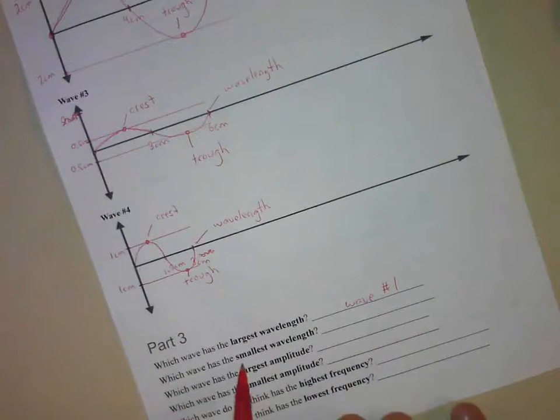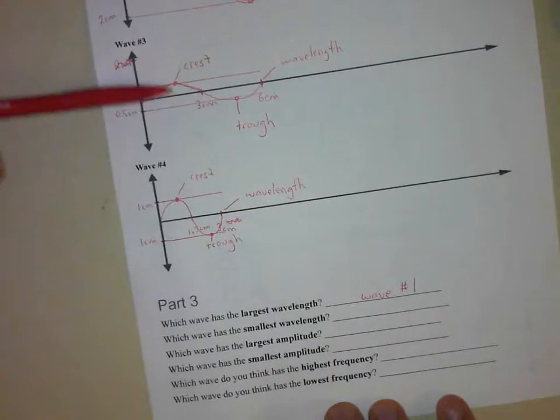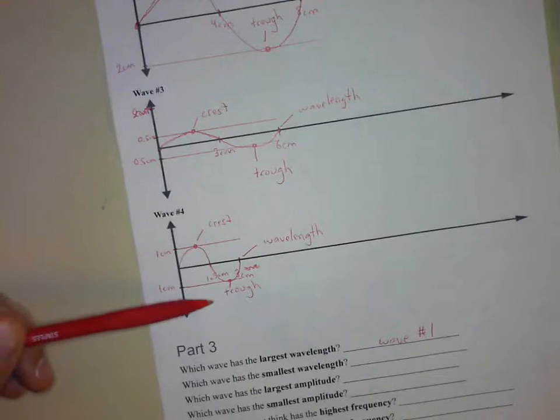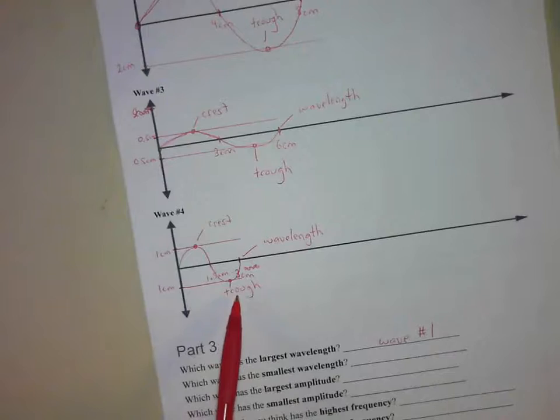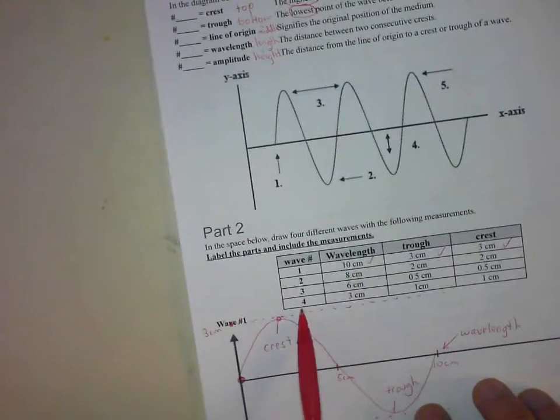Okay? The smallest wavelength. We can look at the pictures. So the smallest one is here. The wavelength is only 3 centimeters. Smallest wavelength is wave 4.